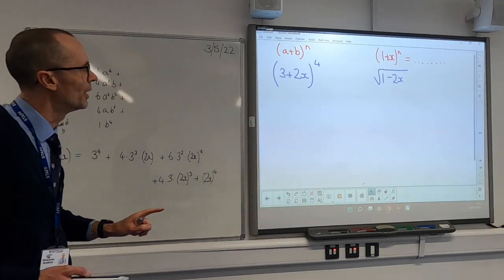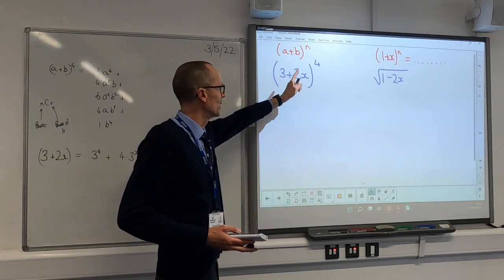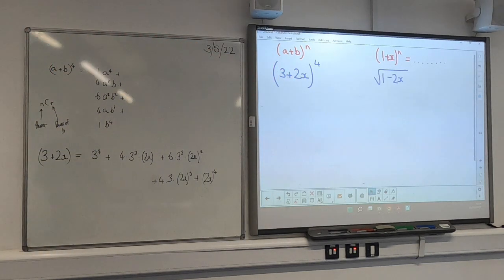Just be careful, when you're squaring, cubing, doing that to the power of 4, that you square the 2 and the x separately.